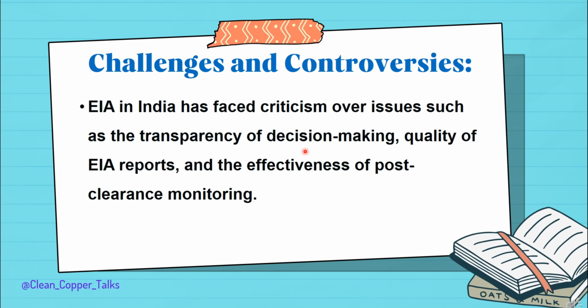The quality of reports is not up to the mark. It does not cover all the predicted impacts, and the effectiveness of post clearance monitoring is not strong enough. So these are some of the criticisms faced by EIA.